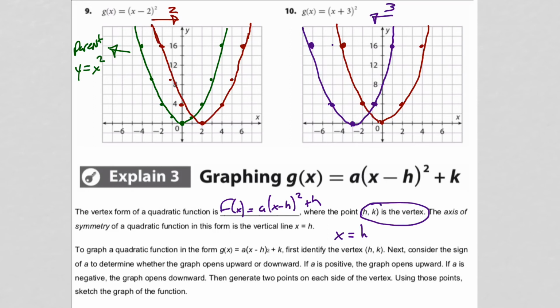And we've talked a little bit about how you can use the symmetry of a parabola. If you can graph half of it, you can graph the other half, because it's going to be symmetrical vertically along the axis of symmetry.